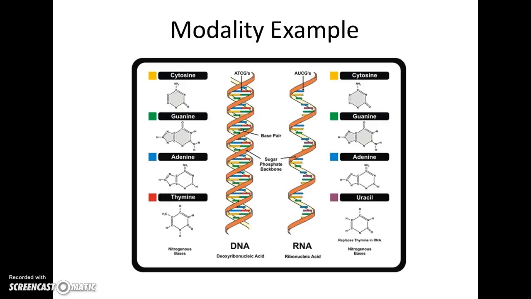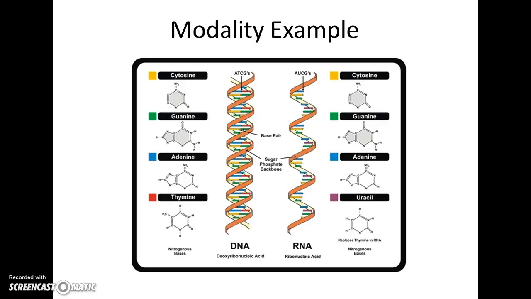As a teacher, I would say DNA is deoxyribonucleic acid, and it is made up of cytosine, guanine, adenine, and thymine. While RNA is ribonucleic acid made up of cytosine, guanine, adenine, and uracil.